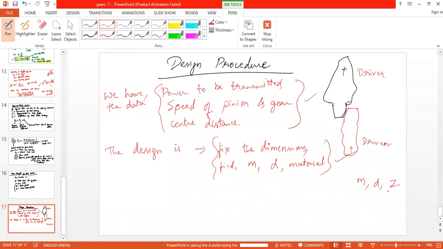If you know all these values of the driver, then you can get the values of the driven. Can you get it? Yes, sir. How can you get that?